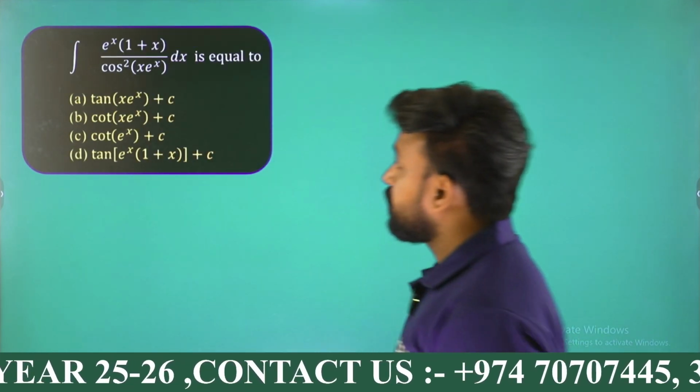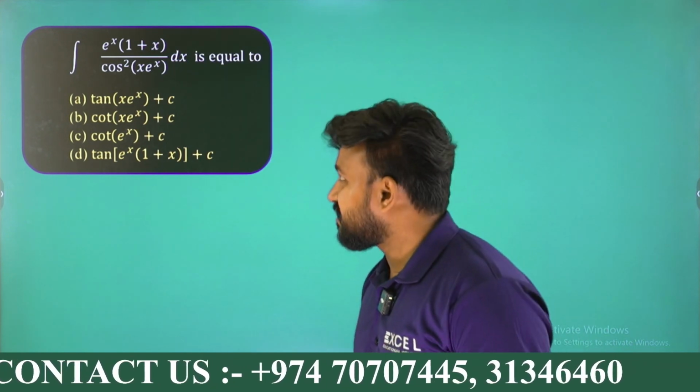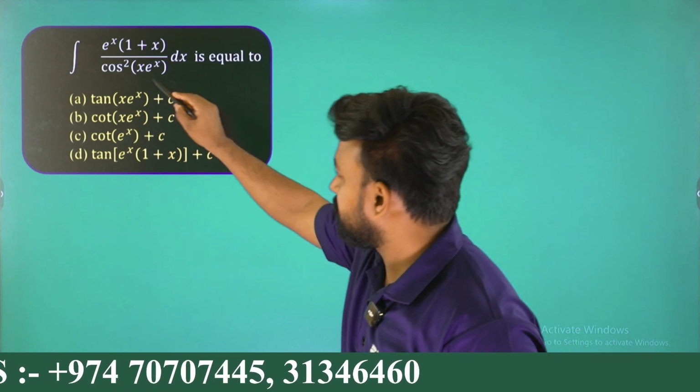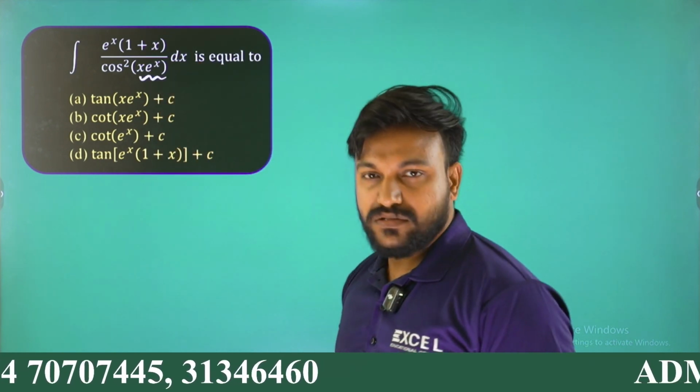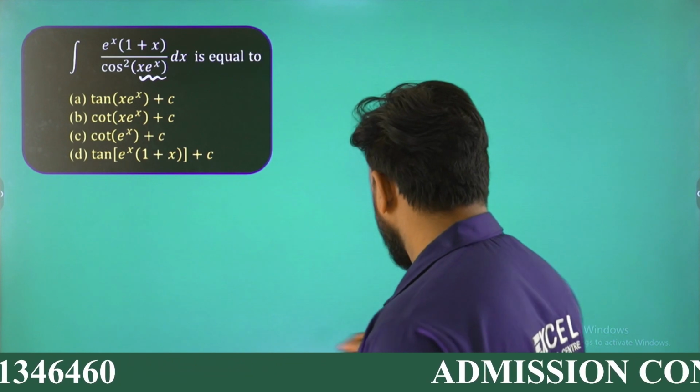So it's also a question from substitution. Integral e raised to x into 1 plus x by cos square of x times e raised to x. This is inside the cos. And how do we do that?